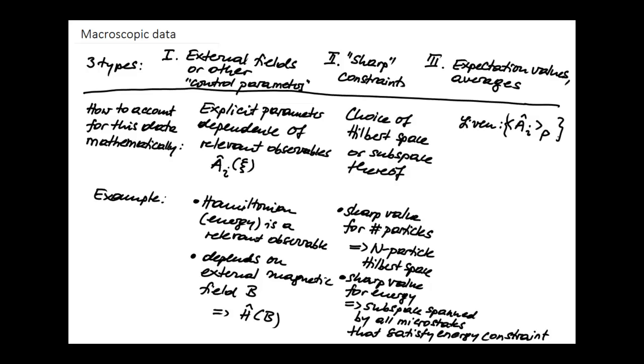We don't know anything beyond that. So of all the allowed density matrices that give the right expectation values, we should choose the one that has the highest entropy while satisfying this constraint. Why? Because if we chose any other density matrix, then we would claim to know more about the microstate than the macroscopic data tell us.